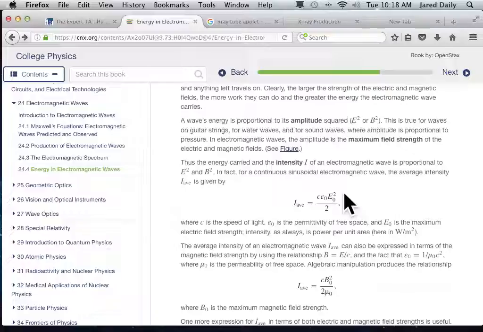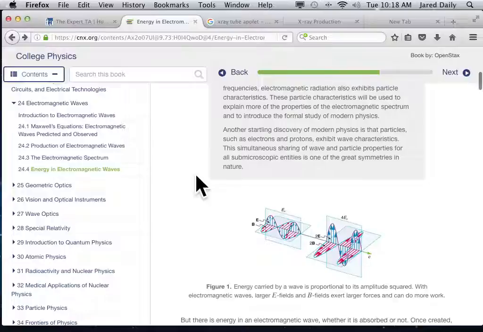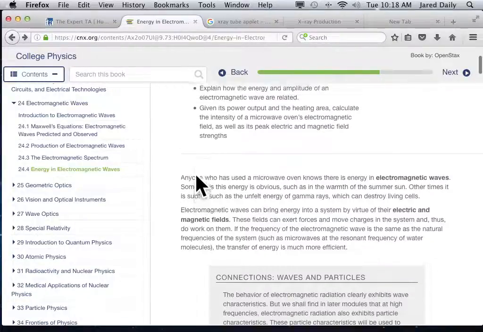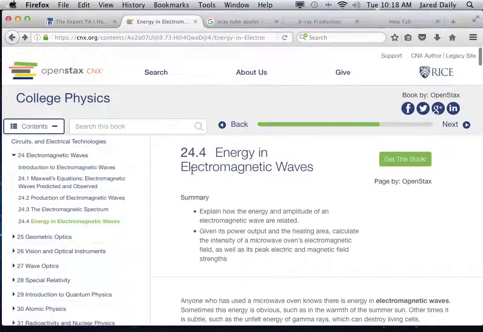Since we finished this one so quickly, we're going to move on to chapter 25 by doing a geometric optics lab tomorrow and Thursday. We're just going to do a whole bunch of optics in class.